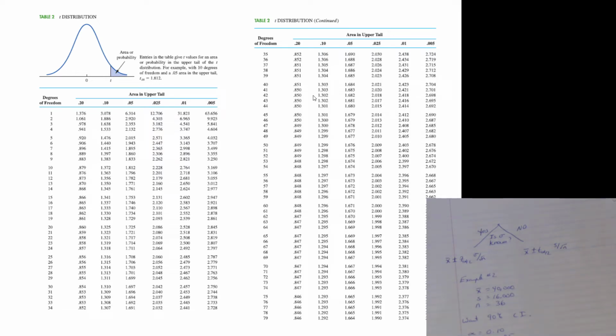I've never seen an area-to-the-left t-table. It's goofy. It makes no sense to do it that way. So we have our n is 36, which means our degrees of freedom is n minus 1, which is 35.